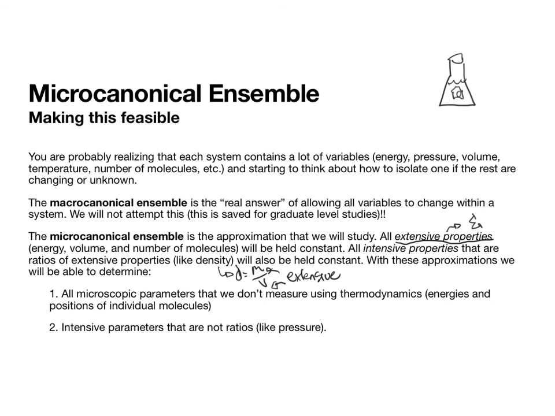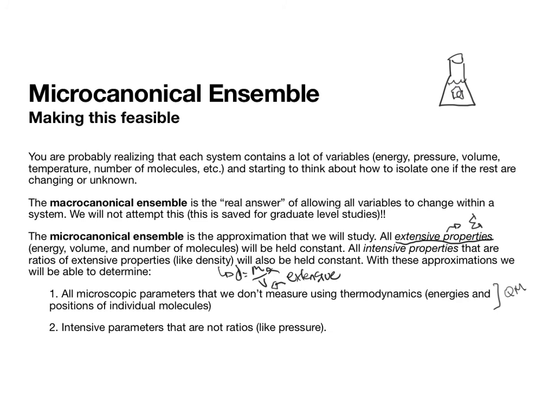Now, if your brain's anything like my brain, you're probably going, hold on, are there any properties left? Turns out that yes, there are. We will be able to determine all microscopic parameters that we don't measure using thermodynamics. So like energies and positions of individual molecules. So this is more of the quantum world, the quantum mechanical world.